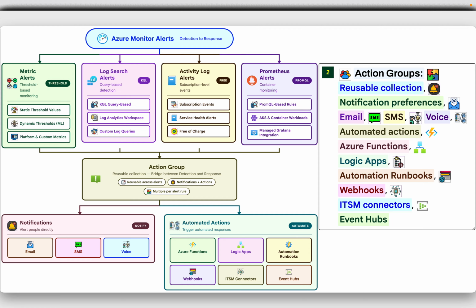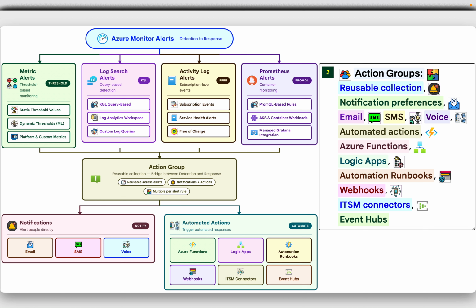An action group is a reusable collection of notification preferences and automated actions. Notification preferences include email, SMS, and voice. Automated actions include Azure Functions, Logic Apps, Automation Runbooks, Webhooks, ITSM connectors, ITSM is IT Service Management, and Event Hubs.